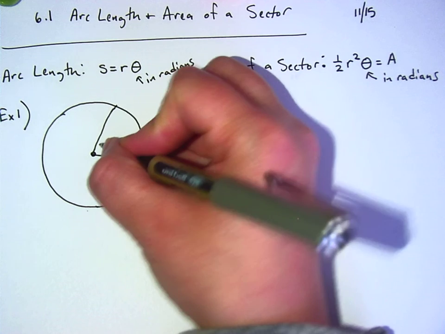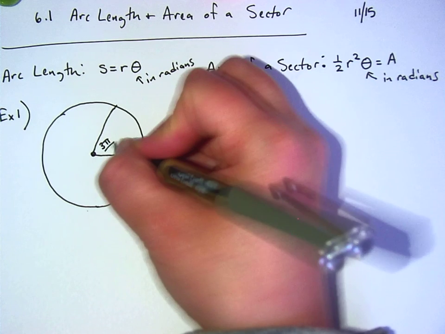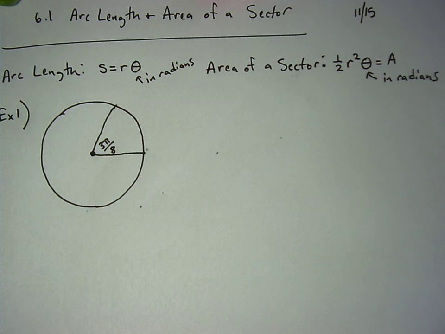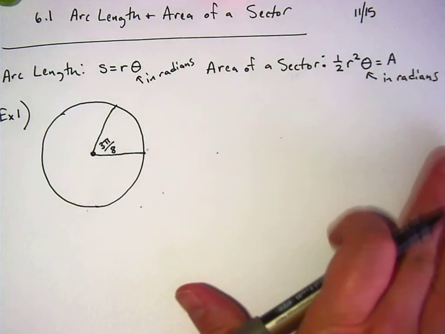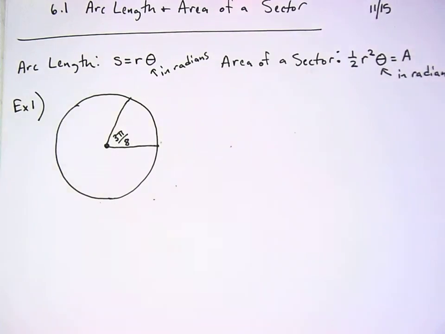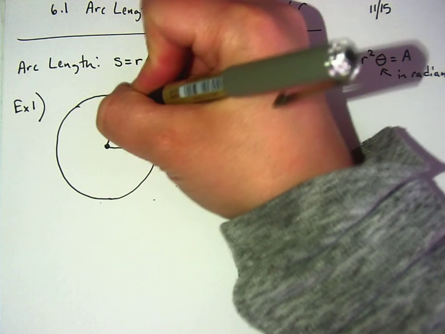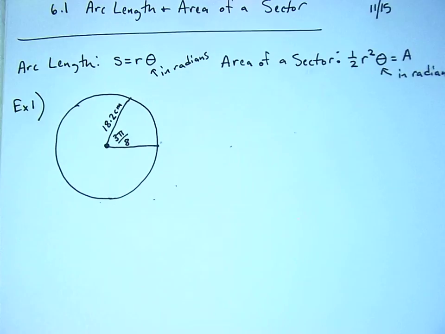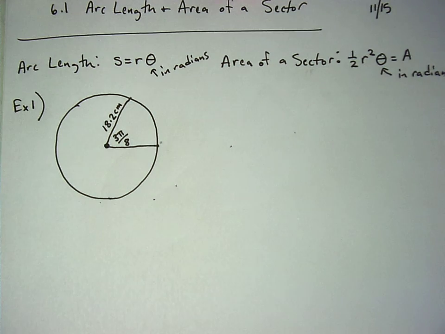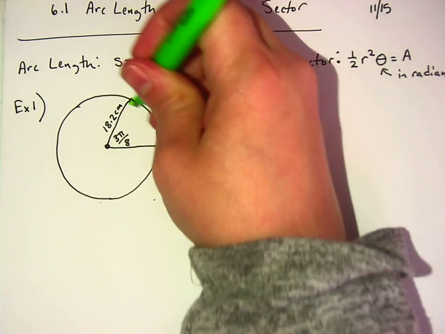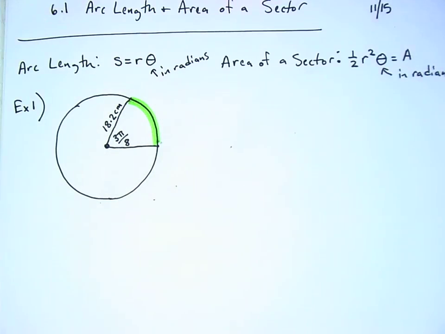And it's got an angle in here that is 3 pi over 8. That's in radians. And the radius of this circle is 18.2 centimeters. And you were trying to figure out this length.